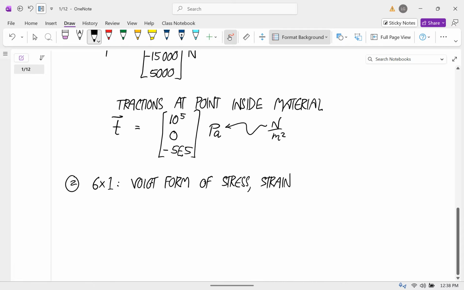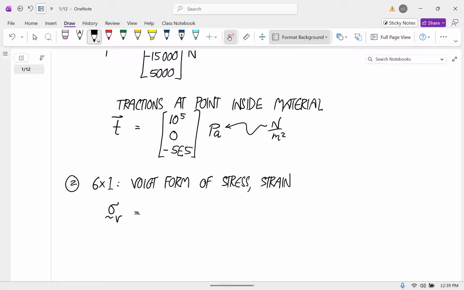And so the Voigt form of the stress, the only thing that's really important to notice right now is stresses are generally going to be very big values. Strains are generally going to be very small values.